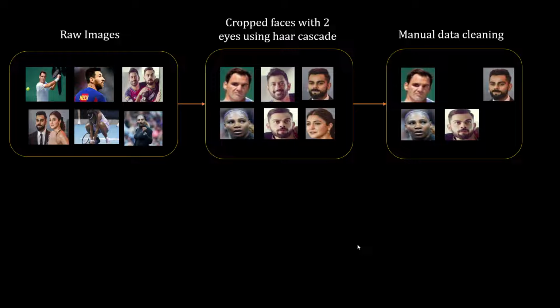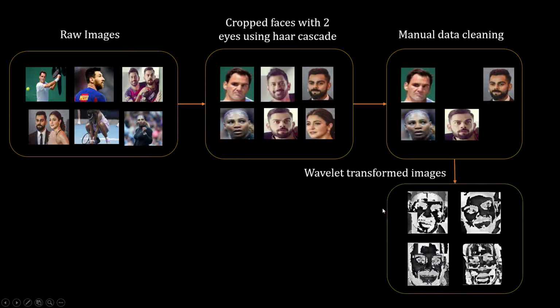In our case, we are doing a sports celebrity classification only for 5 players, which are Kohli, Roger Federer, Serena Williams, Lionel Messi, and Maria Sharapova. And here there is an image of Anushka Sharma and Dhoni, who are not our classification classes. Hence, we are just deleting those images.